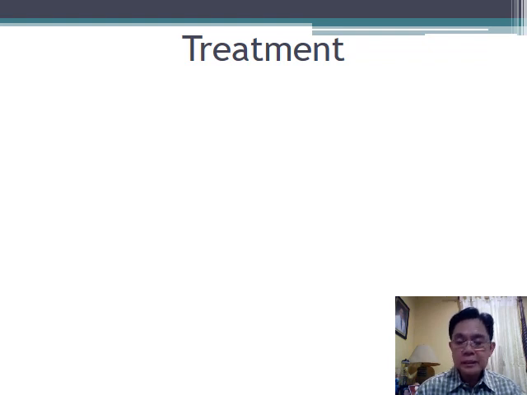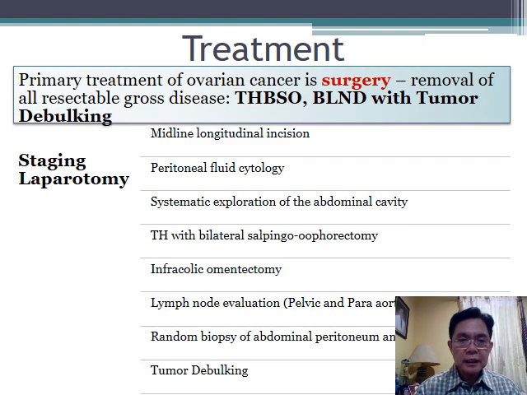So what is the treatment for ovarian cancer? The primary treatment is surgical. Okay, so surgery is the primary treatment for ovarian cancer, and that usually involves removal of all resectable disease.